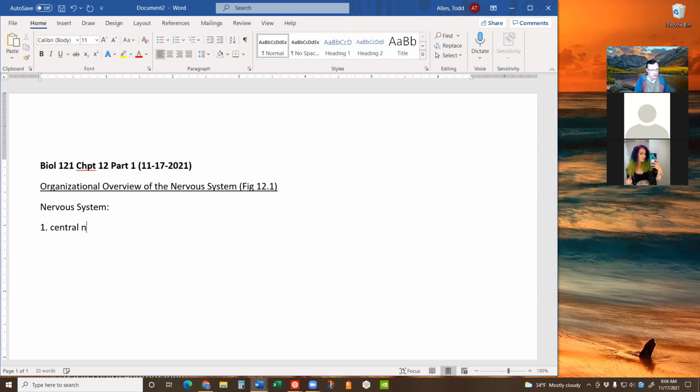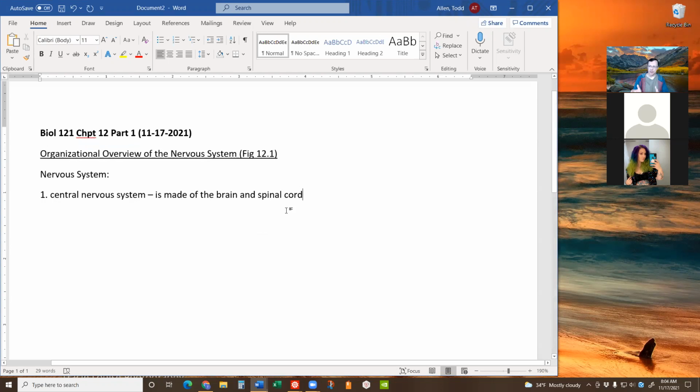So the central nervous system, you are aware, consists of your brain and spinal cord. And that's it. I mean, that's a lot. There's a lot of anatomy within the brain, as you are aware, but brain and spinal cord makes up the central nervous system. The peripheral nervous system refers to all the nervous system tissue that extends off the brain and spinal cord.